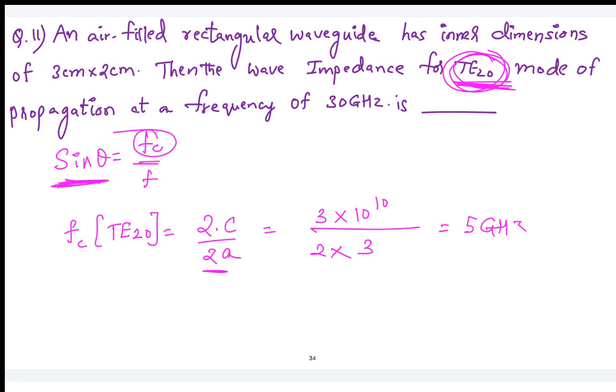So what is the wave angle right now? So you can calculate sine theta is equal to fc by f. That is equal to 1 by 6. Okay. Now from this you can get the value of theta I, right? So then you can apply in the formula. Whatever the eta te I have given, that is equal to 120 pi in free space into cos theta.